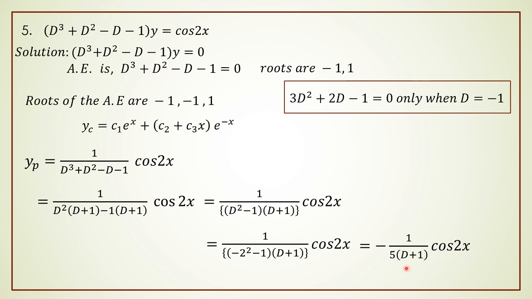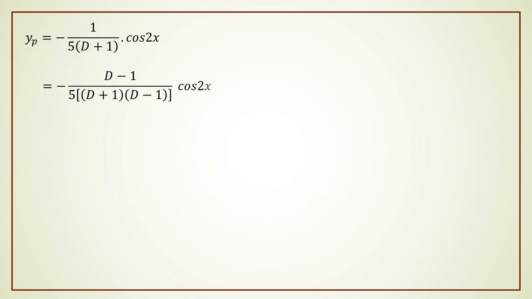Since you have D plus 1 in the denominator, let me multiply and divide by D minus 1 in order to rationalize it. So the equation reduces to the form (D minus 1) divided by 5 into (D plus 1) into (D minus 1) into cos 2x. However, the minus sign I have kept as it is.